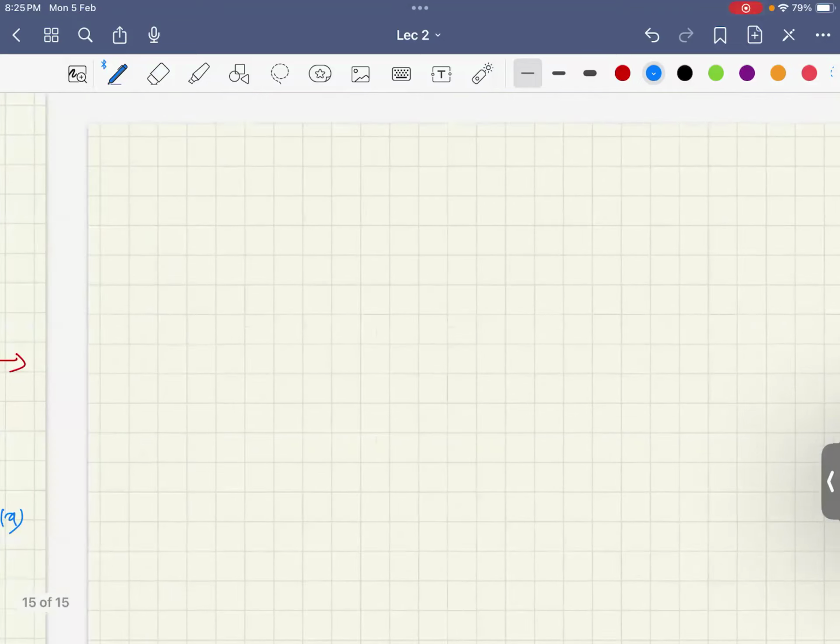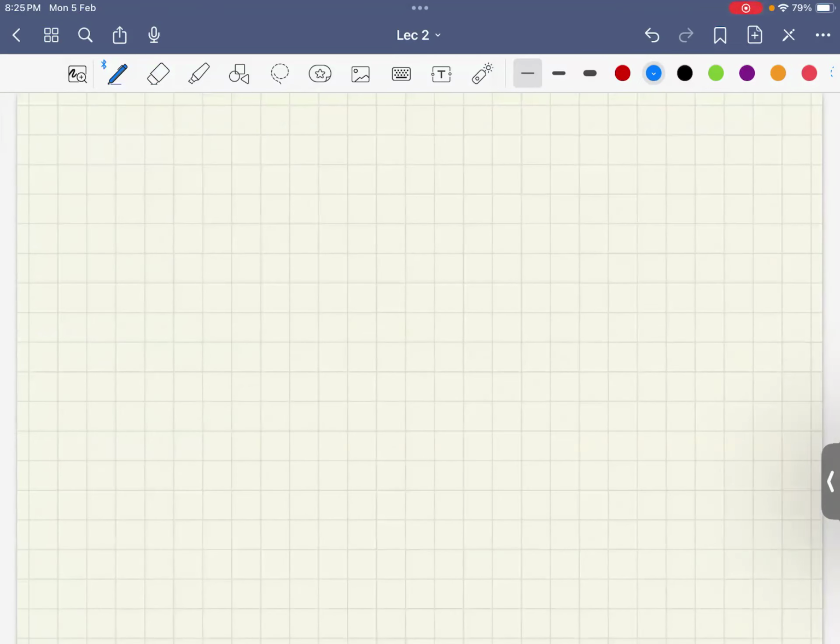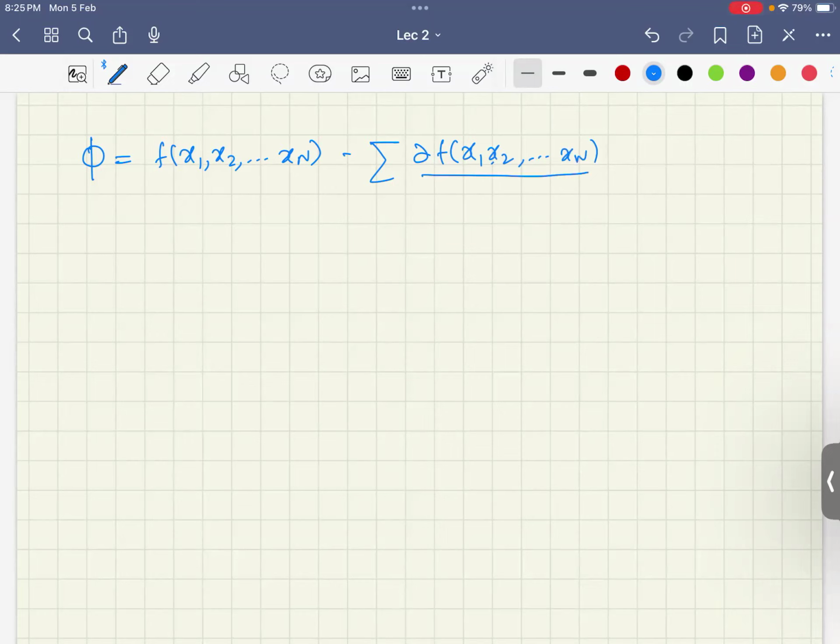Right. So what is Legendre transform? Let me write this psi down. This is the Legendre transform: psi equals f of x1, x2, ... xn minus the summation of dou f of x1, x2, ... xn divided by dou xi into xi.